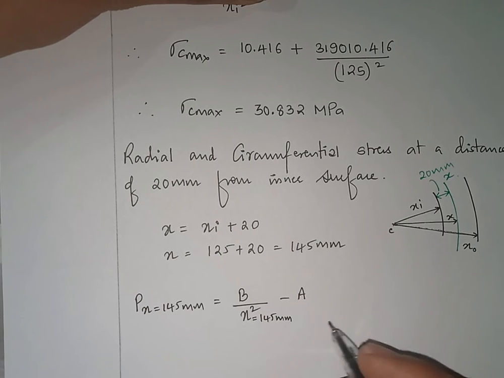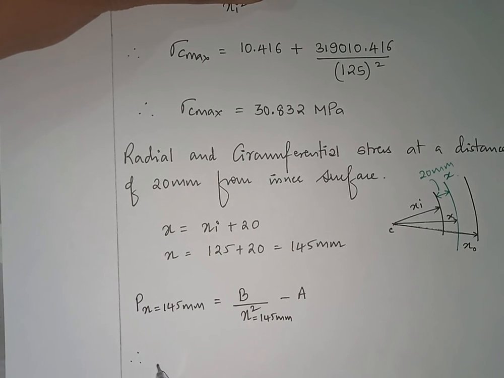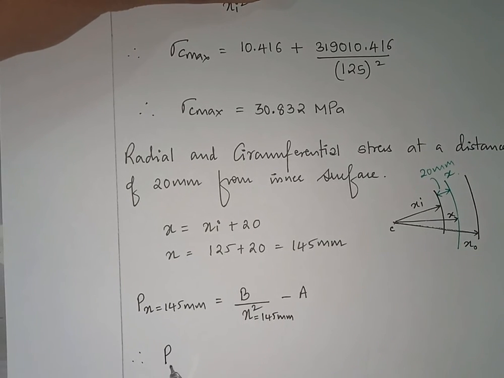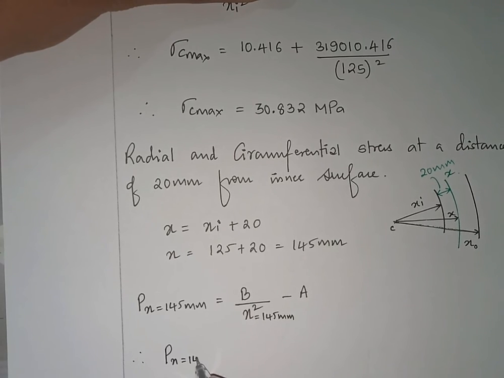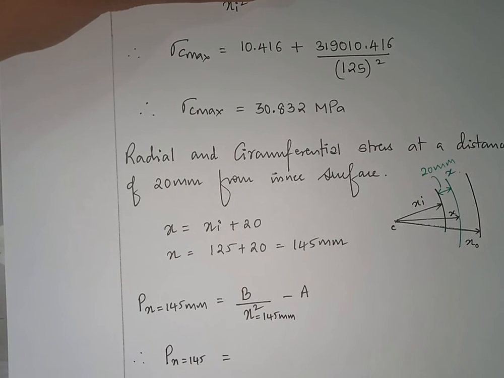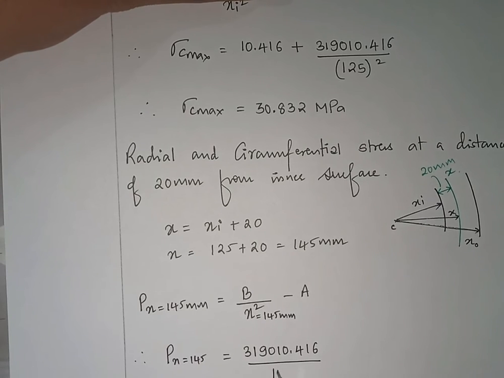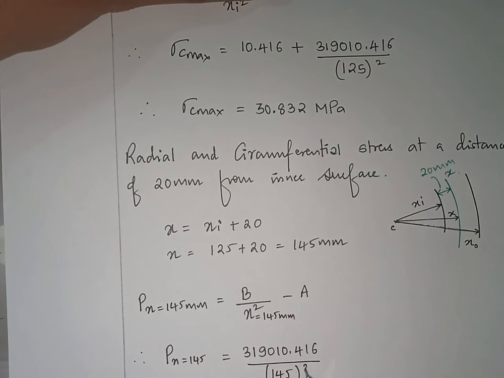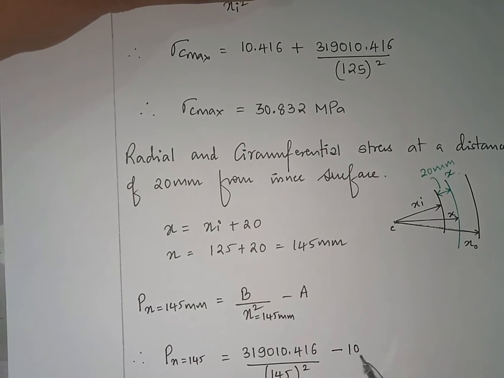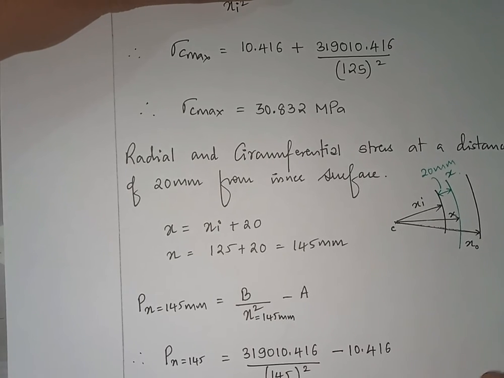So P at x equal to 145 will be 319010.416 divided by 145 squared minus 10.416.